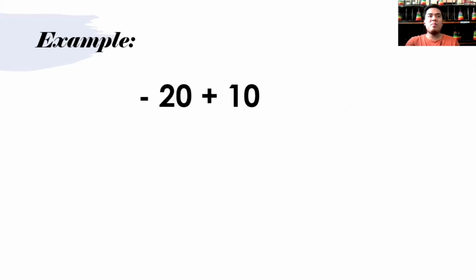So 20 minus 10 is 10. So the answer is negative 10 because the sign of the answer will follow the sign of the greater absolute value. And the greater number there is 20, and the sign is negative. So therefore, the sum is also negative.